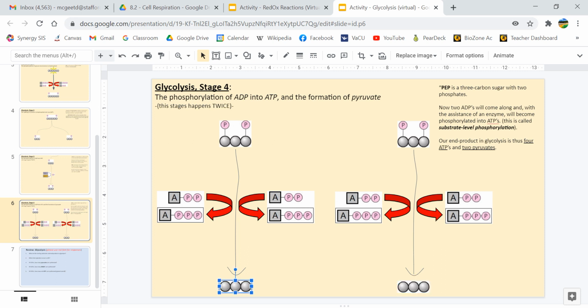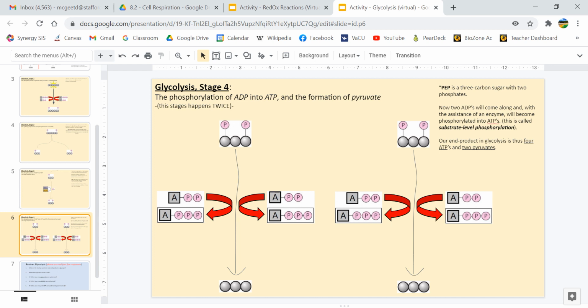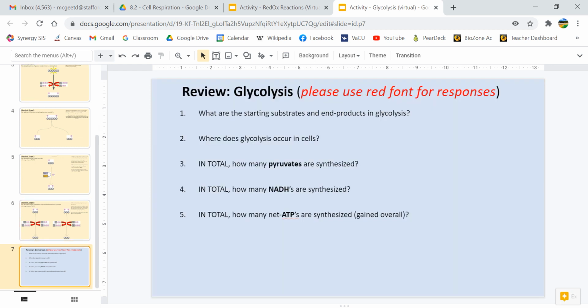They've been oxidized. So we end up with 2 pyruvates, but we end up with 4 ATPs. However, we had to sacrifice 2 ATPs in the very beginning stage, and that means because we had to spend 2 ATP to make 4, we really gained only 2.